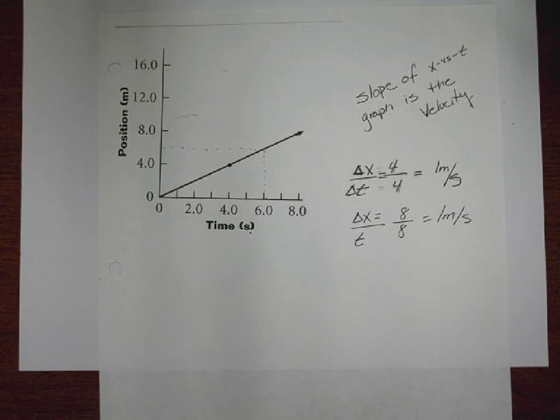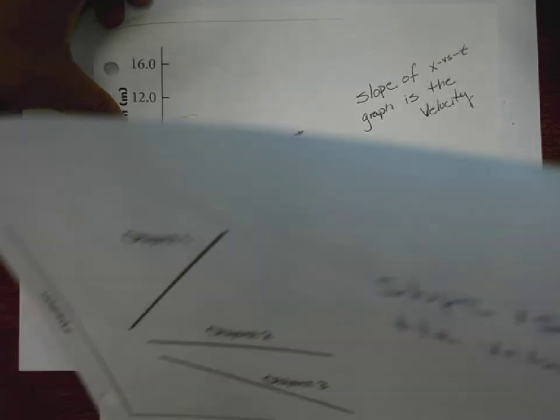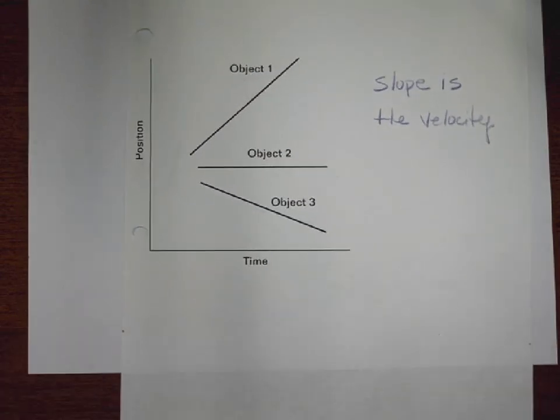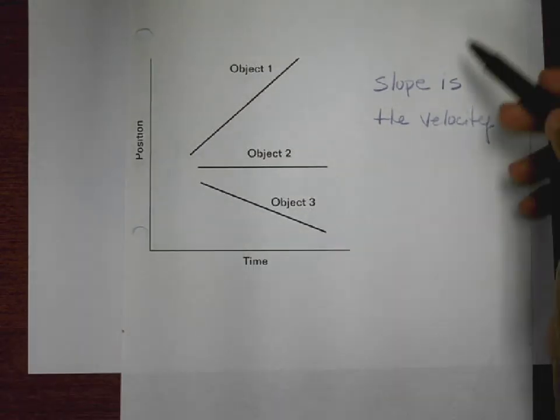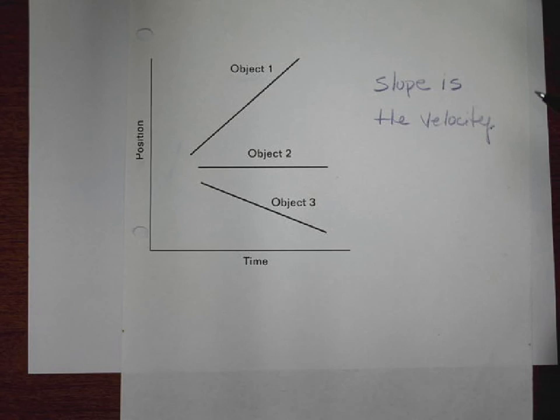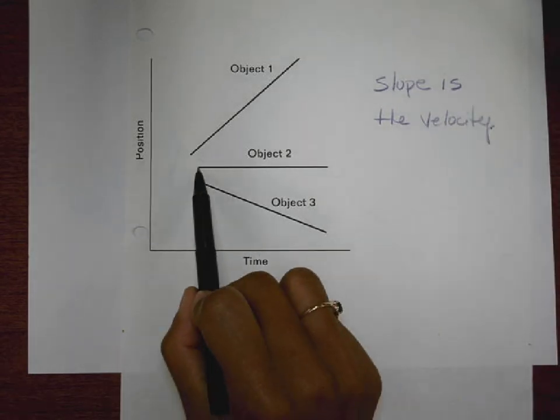Well, let's take a look at a few others. I have a graph of several lines. And if the slope of the line is the velocity, you can already tell which one's moving quickly, which one's moving slower, and which one's not moving at all.